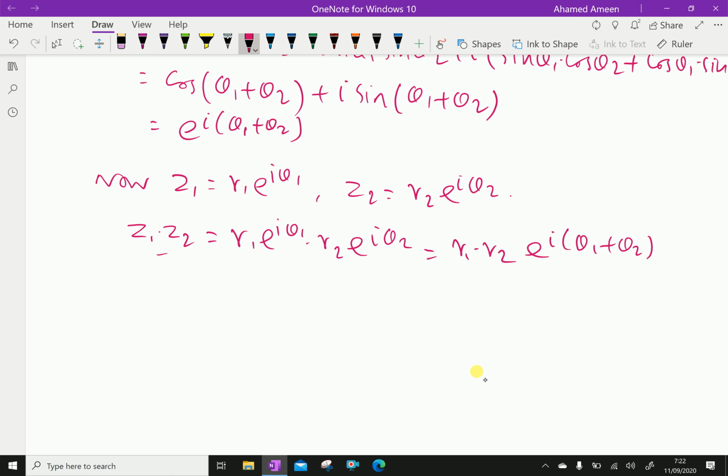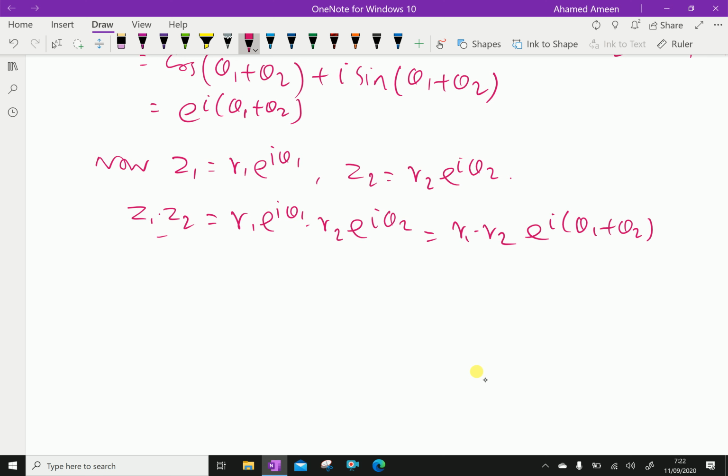Similarly, we can express the reciprocal of z, that is z power minus 1, which is 1 over z. We can express 1 as 1 into e power i 0, since theta is 0 and anything to the power 0 is 1. So z is r e power i theta, then we can write 1 by r e power i (0 minus theta).